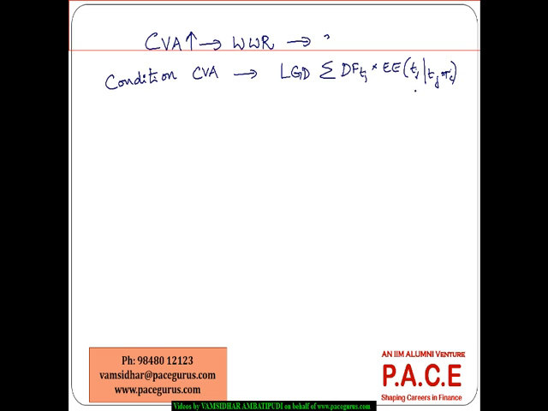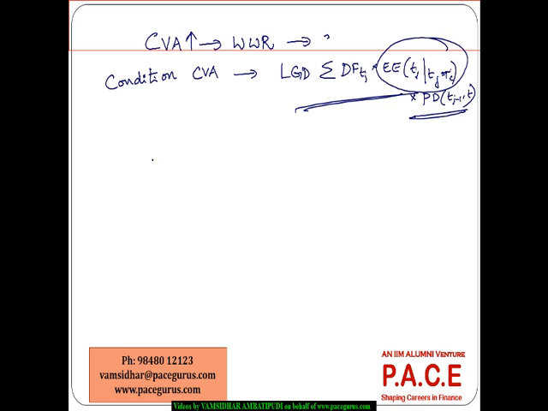Given that the default has occurred, I multiply it with the probability of default during this particular time period. So conditional CVA can still be computed. I replace the unconditional expected exposure with a conditional expected exposure, right?